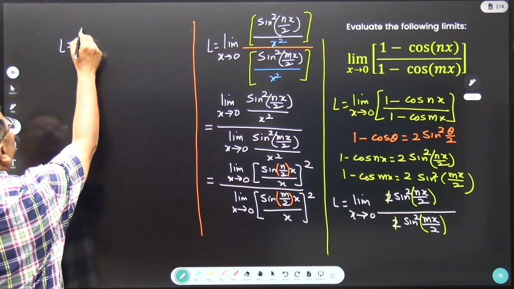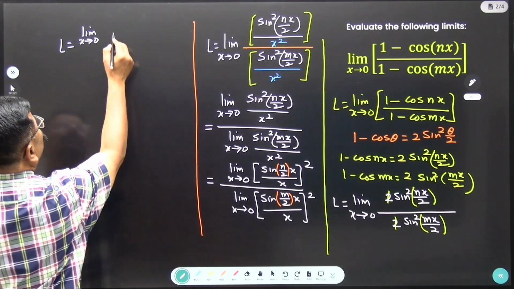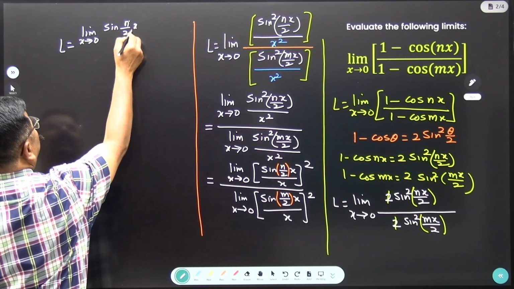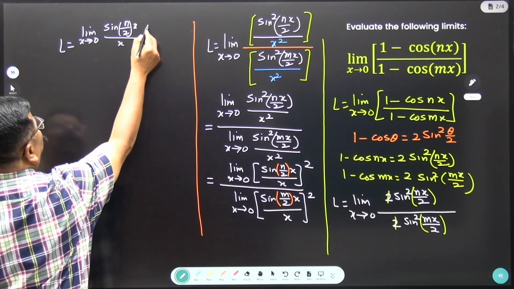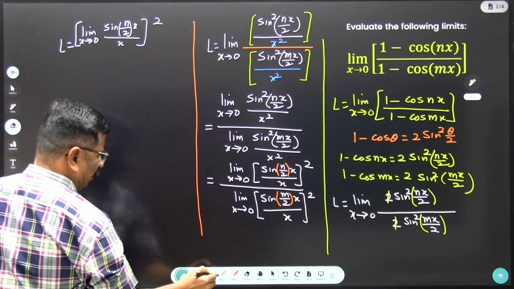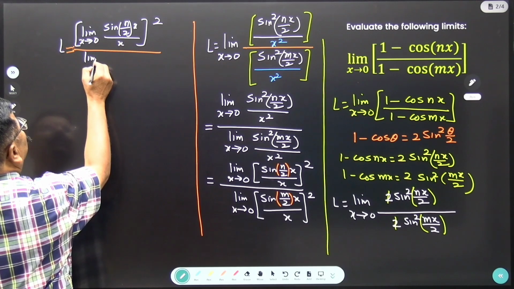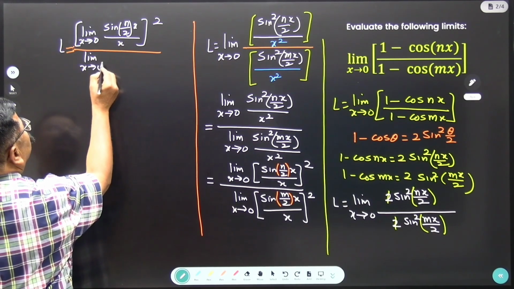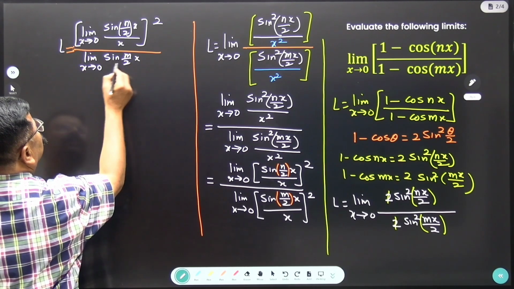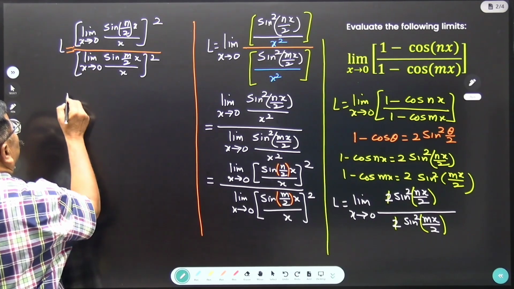So L is equal to limit x tends to 0, sin(n/2 x) whole divided by x the whole square, completely divided by limit x tends to 0, sin(m/2 x) whole divided by x the whole square.